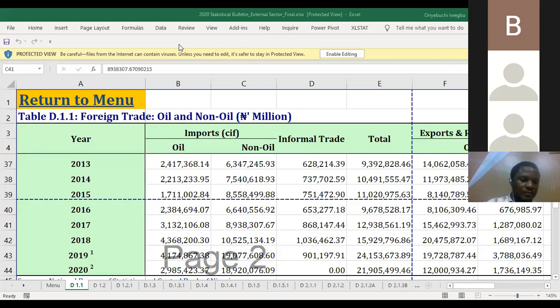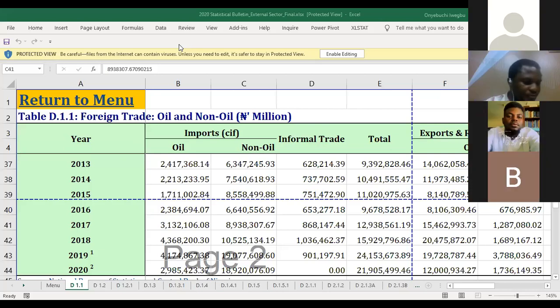And for the non-oil sector, they did not import more things at that time. That's what I feel. Okay, Boris Martins.